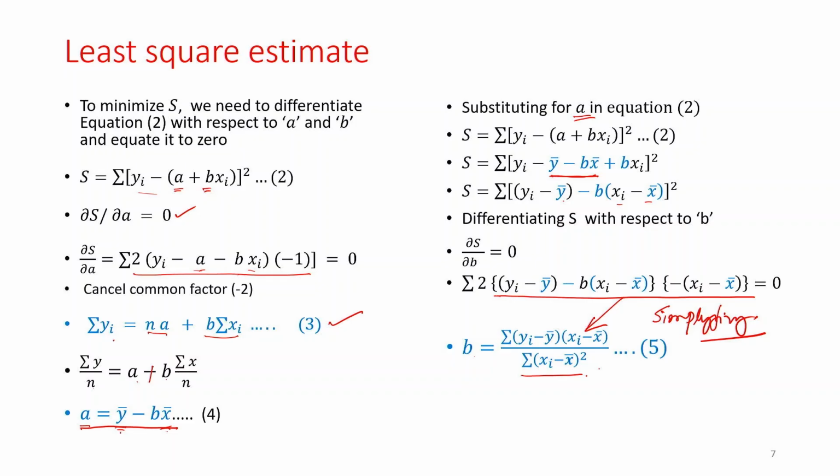Whatever errors are there, we square those errors, sum them up, and we are trying to minimize that function.